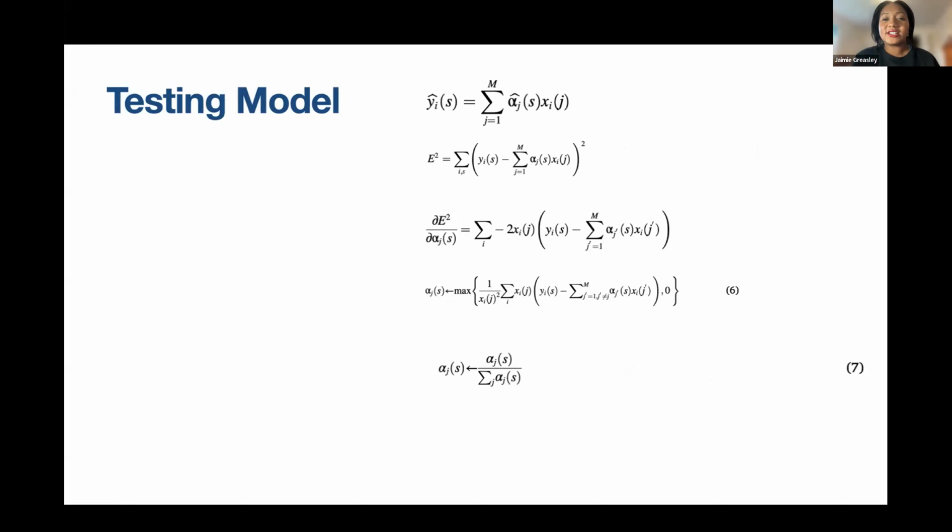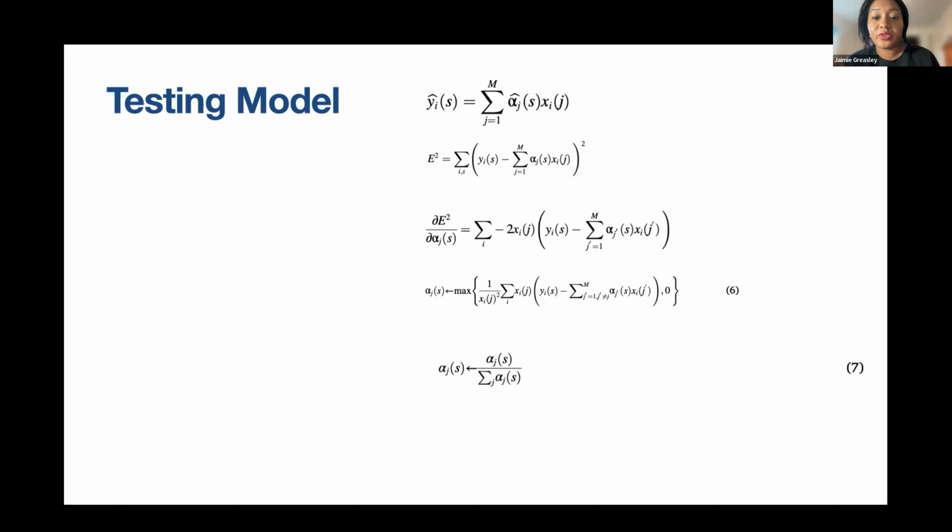For the testing model, we are now able to predict the single phase spectra. Now we want to find the weights in some testing sets. So we input the data and want to find alpha hat. We evaluate the gradients with respect to alpha hat and do the update.